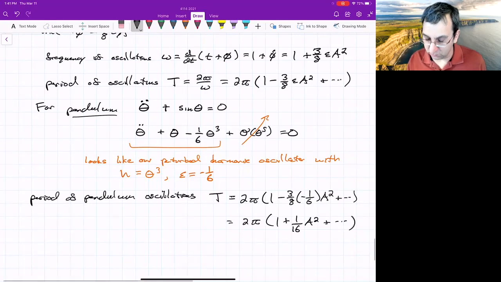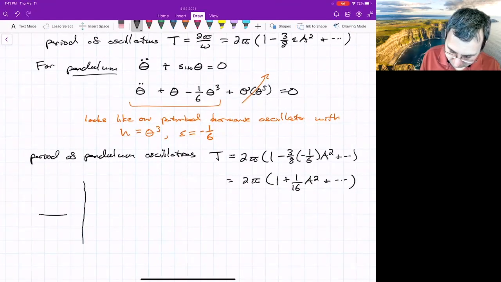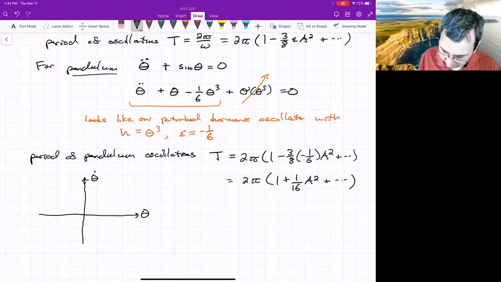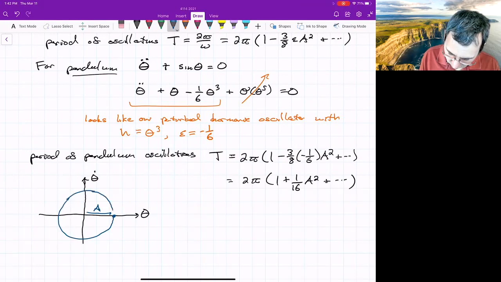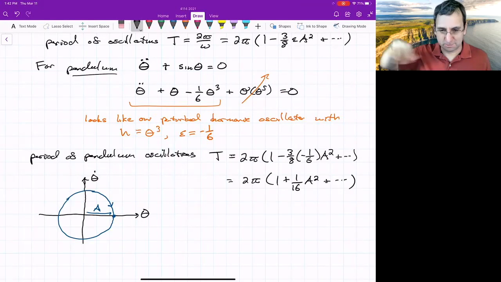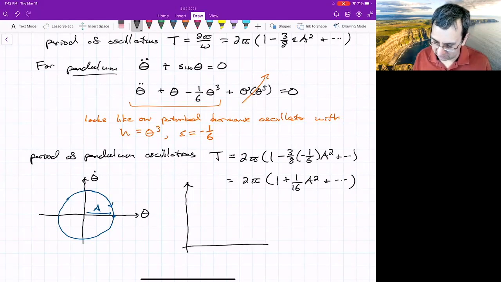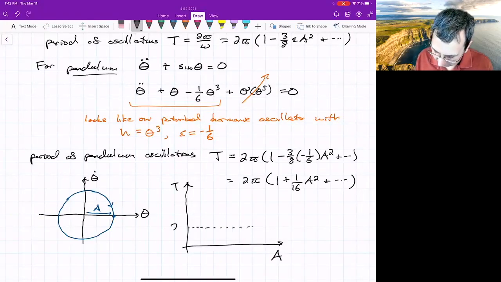So the leading order correction for how the period of a pendulum's motion changes with amplitude is given by that formula. This is saying if we start out with an initial amplitude of A, the pendulum goes around and comes back with a period that's 1 plus something that's quadratic in A. If we were to plot the period of oscillations versus A, here's 2 pi.